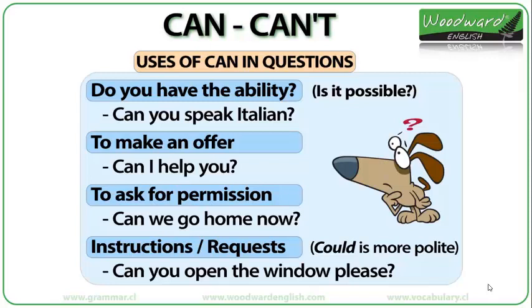And if you are requesting or instructing something to someone, you can say, can you open the window, please? So we can use the auxiliary verb can in the interrogative form for asking about ability, help, permission, instruction, or request.